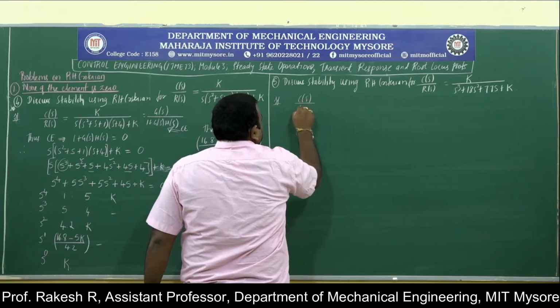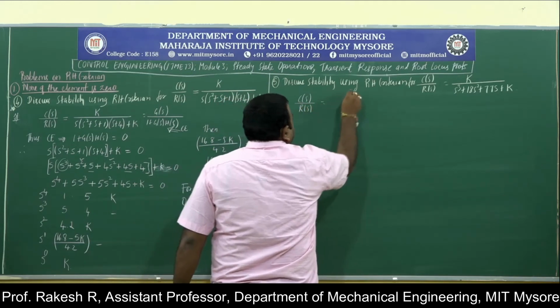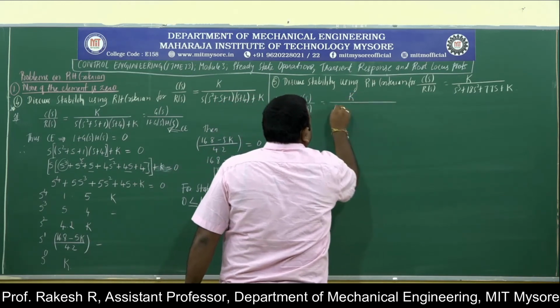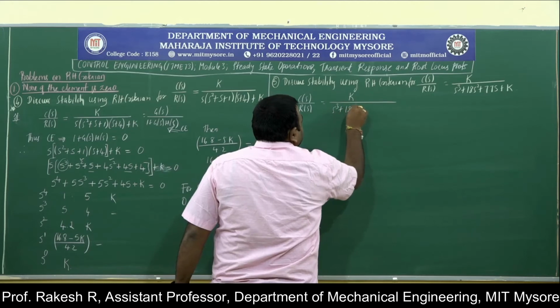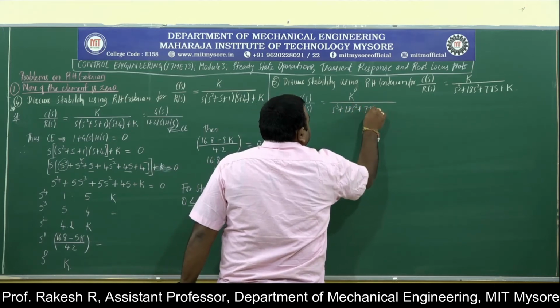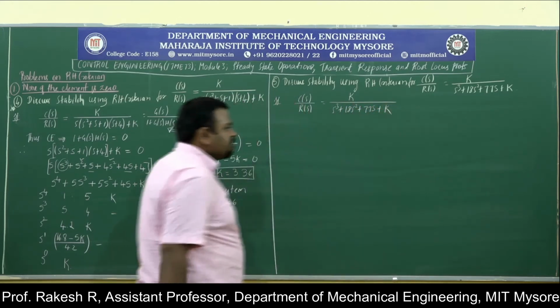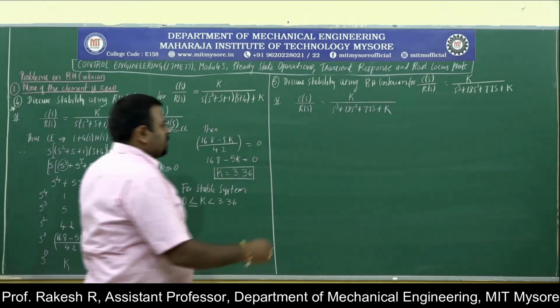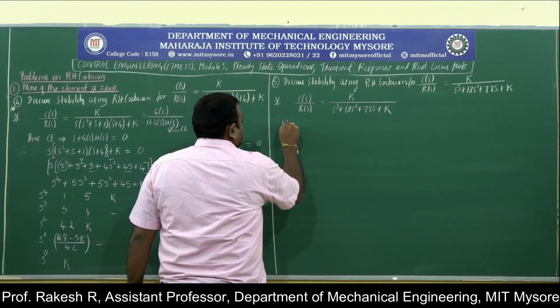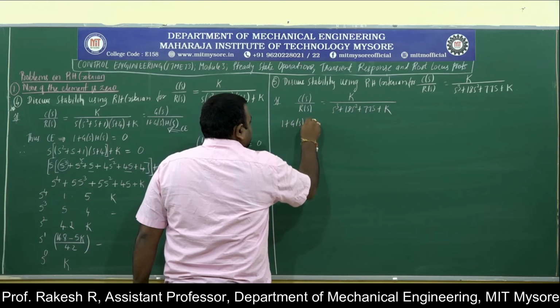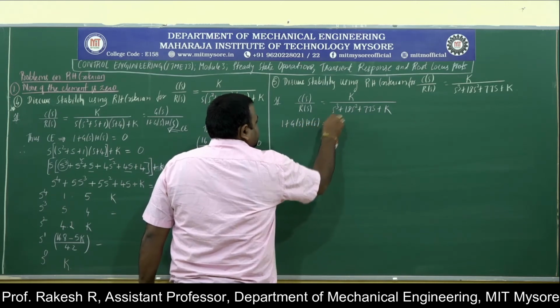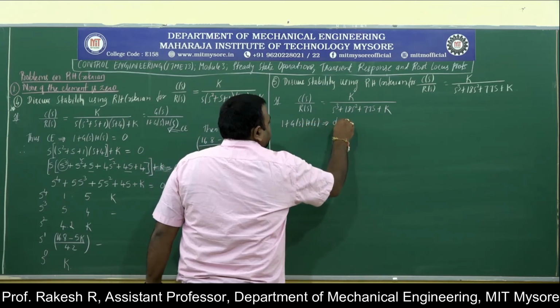C of s by R of s will be equal to k divided by s cube plus 18 s square plus 77 s plus k. The denominator part you have to solve. The denominator part, so 1 plus G of s H of s. This term is the denominator.